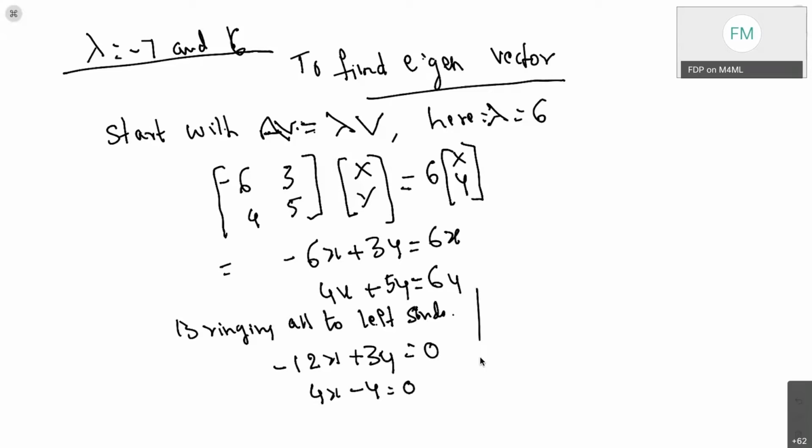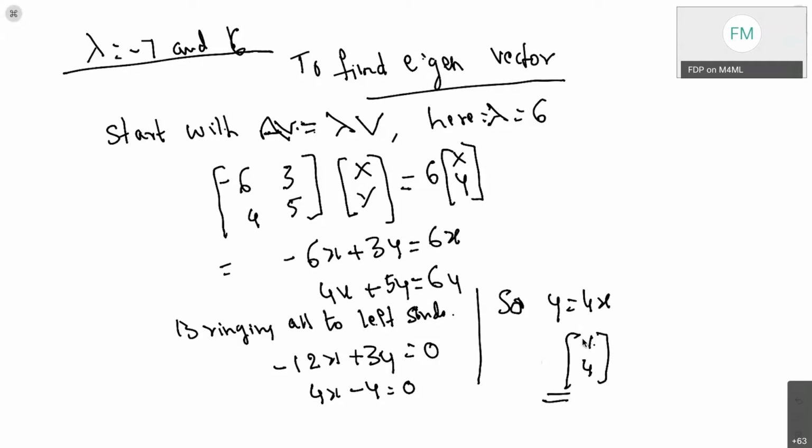So we have y equal to 4x. So the eigenvector is any non-zero multiple of (1, 4). This is an eigenvector.